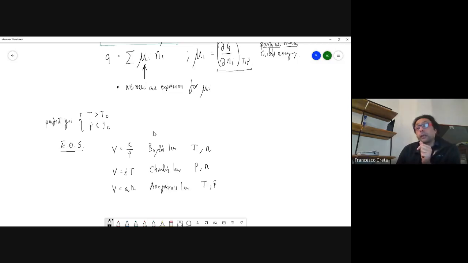And why is that? Well, because essentially when you're dealing with a perfect gas, the average distance between molecules is so big that you can treat molecules as particles independently of whatever they are. Okay.